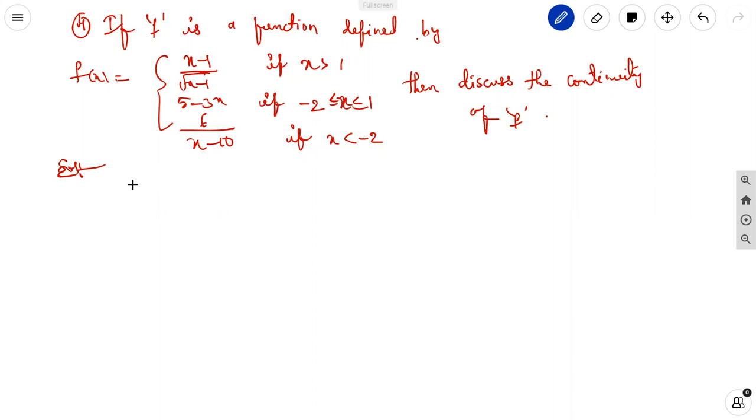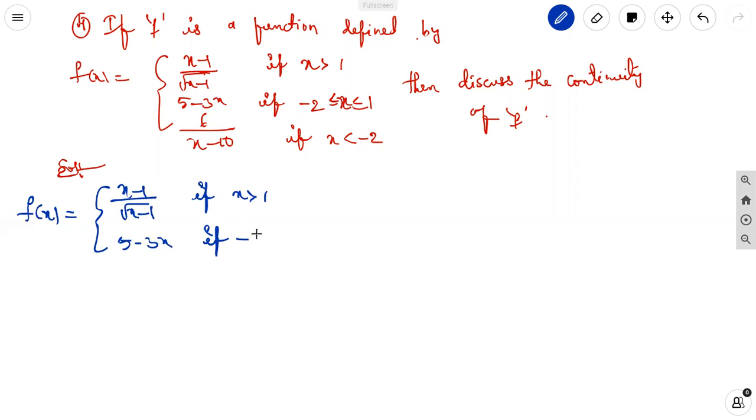First, we write the given function. f of x is equal to x minus 1 by under root of x minus 1 if x is greater than 1, 5 minus 3x if minus 2 is less than or equal to x is less than or equal to 1, 6 by x minus 10 if x is less than minus 2.